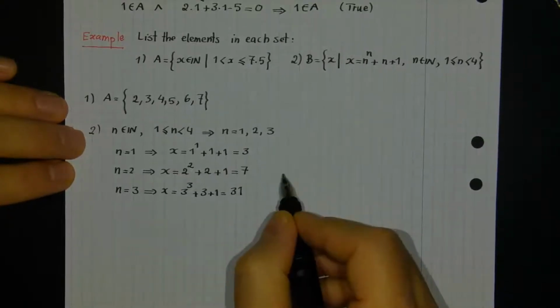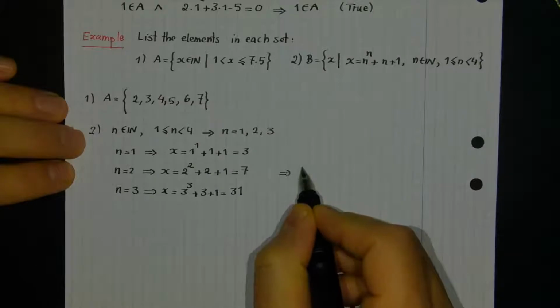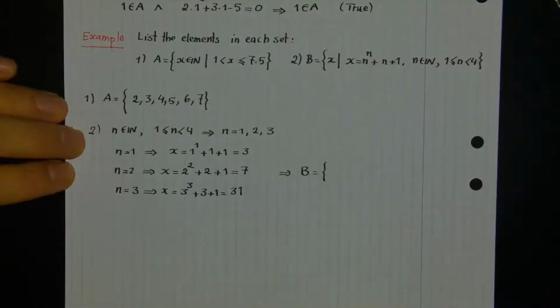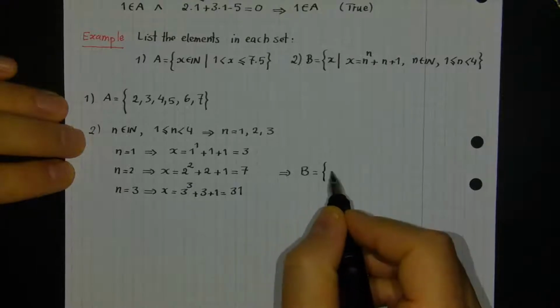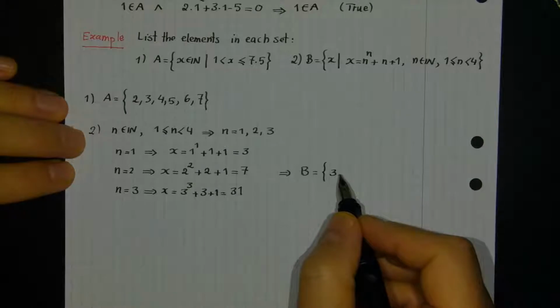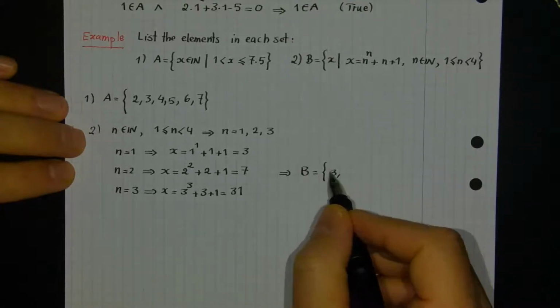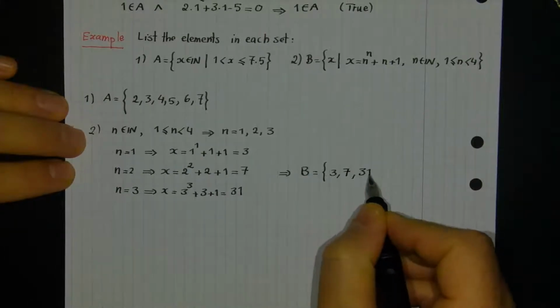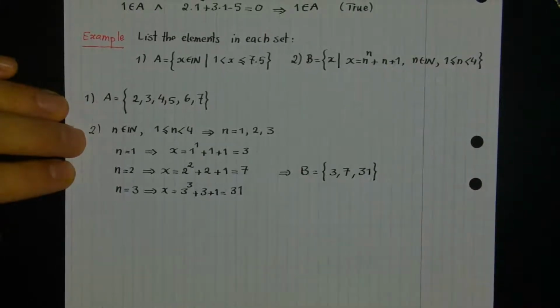So this is important now that you write these numbers in your set B. So my set B consists of 3 numbers. The first one, of course, it is not completely correct to say the first one, because if you remember, I told you that there is no order considered for the elements in a set. So one of the elements is 3, the other one is 7, and the last one is actually 31. So this is the set B.